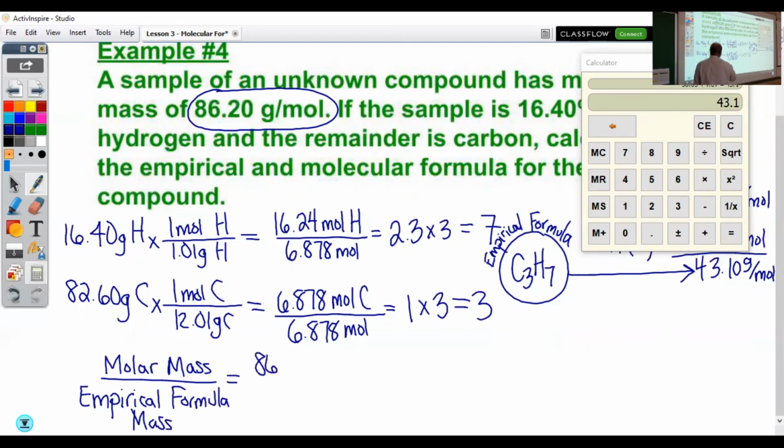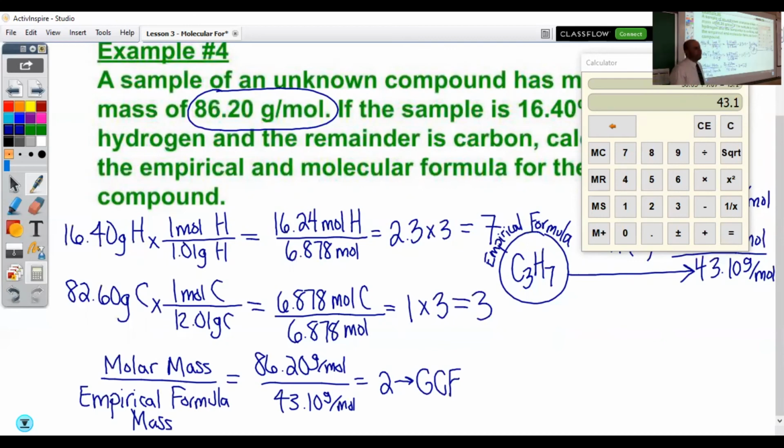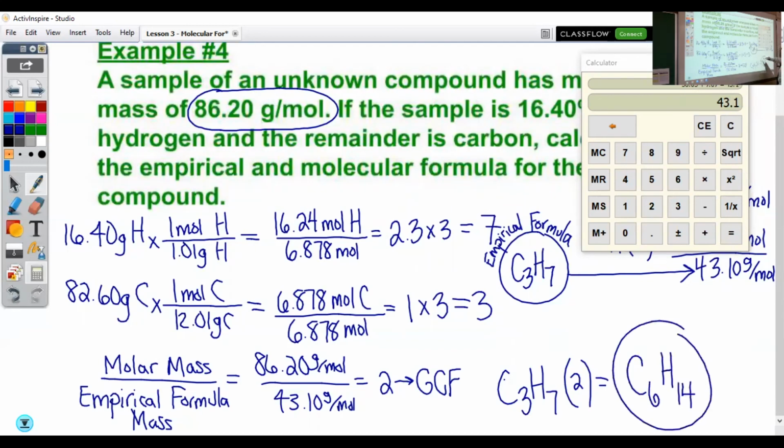So 86.20 grams per mole divided by 43.10 grams per mole turns out to be 2, which again is our greatest common factor. Now we can multiply that through. So C3H7, multiply that by 2, we'll get C6H14. This is our molecular formula.